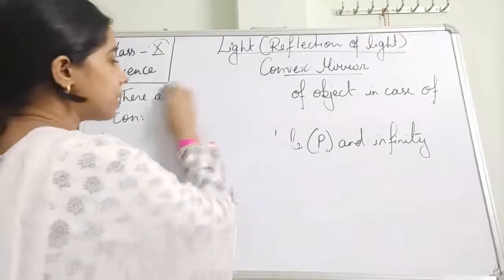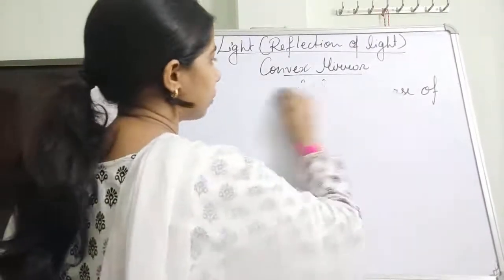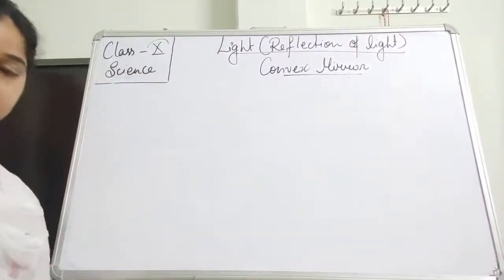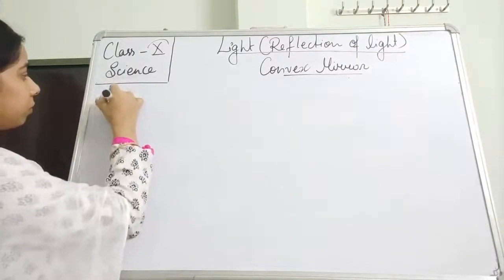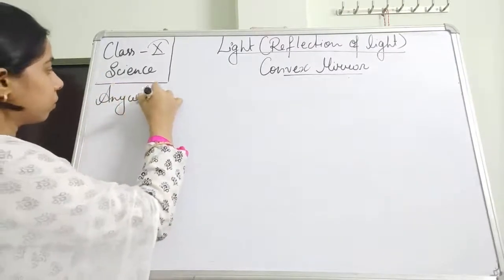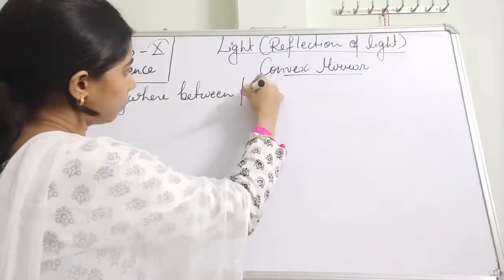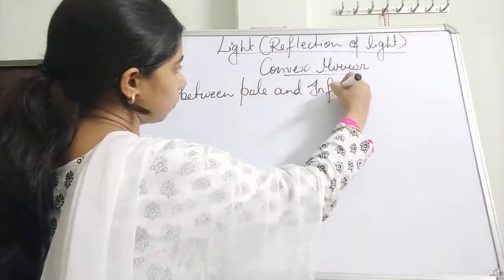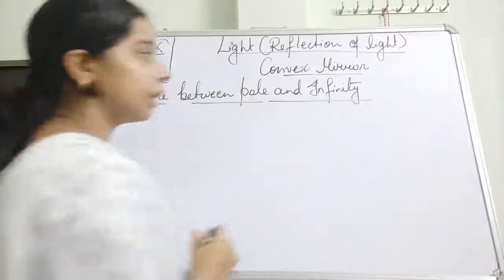So the first case will be anywhere between the pole and infinity.